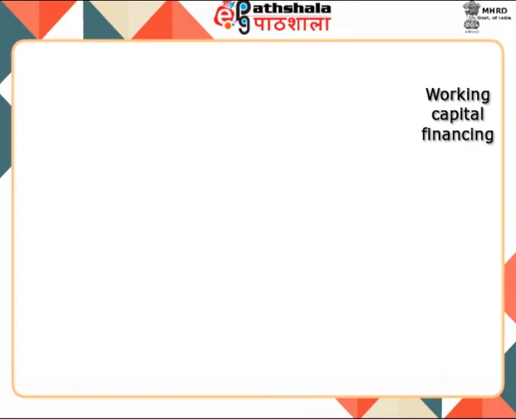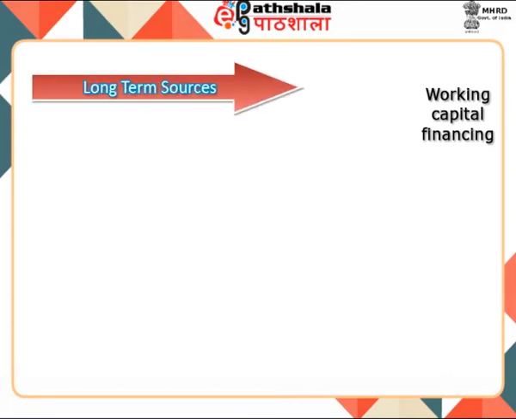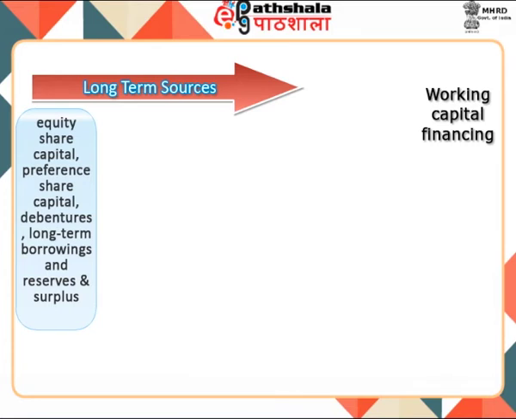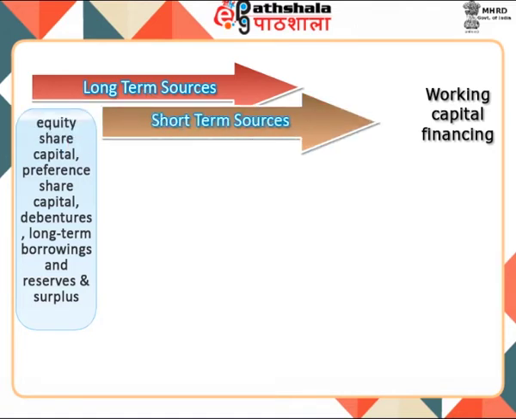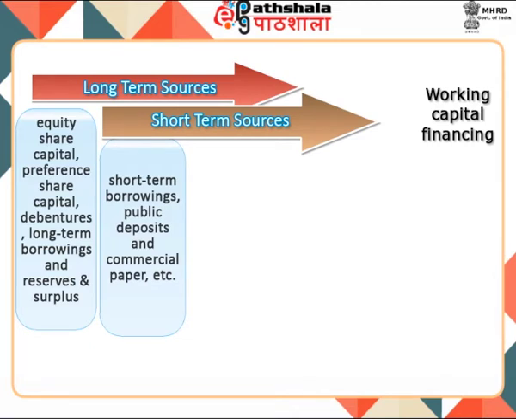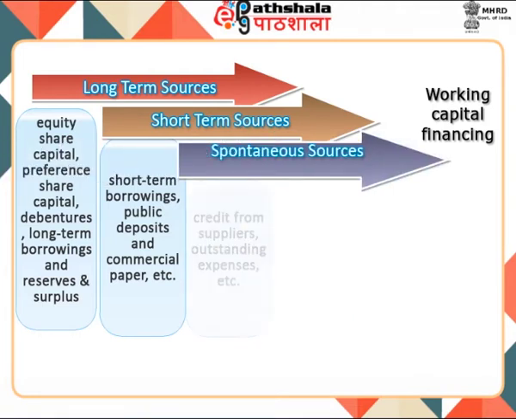Basically, the sources are long term, which are for more than a year, for example, share capital, debentures, long term loans, etc. Short term sources, which are granted for less than a year, for example, short term loans, public deposits, etc. And spontaneous sources, which are not specifically taken but eventually arise in the course of business, like creditors, outstanding expenses, etc. A firm selects any of these three sources to finance its working capital.